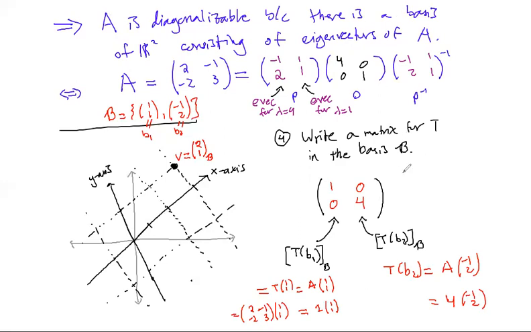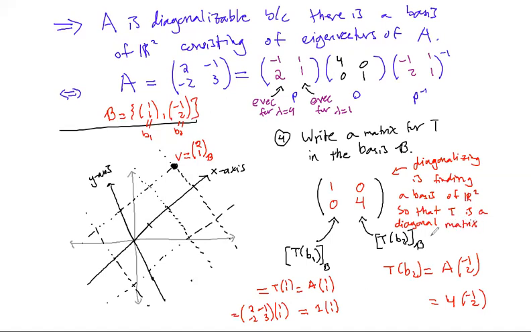Diagonalizing is finding a basis of Rn, in this case R2, so that T is a diagonal matrix when written in the basis.